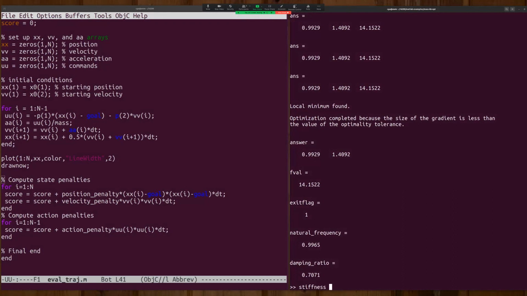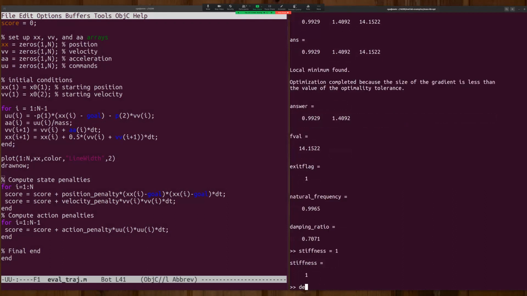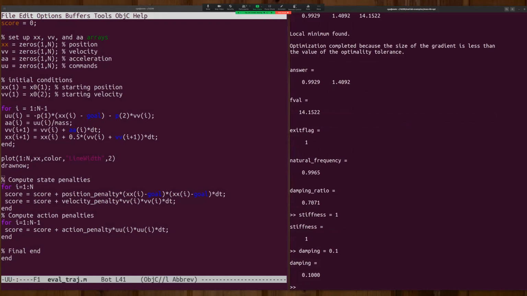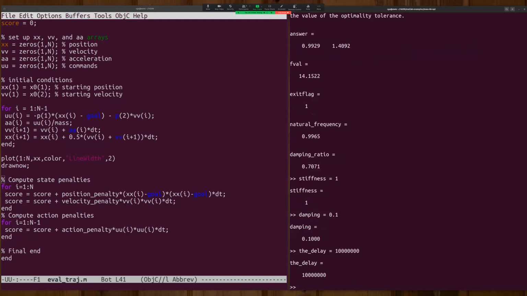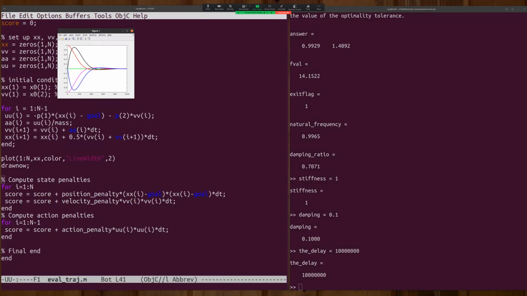Let's start it out with some different values, like stiffness equals 1, damping equals 0.1, and let's add more delay. And let's get our pretty picture back.